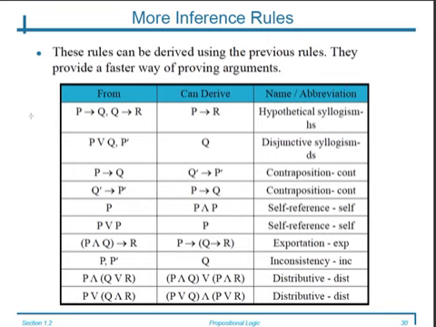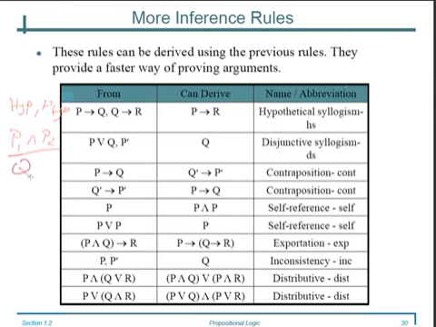Often, if we have our hypotheses, we might write them like this. So let's say we have two hypotheses, P1, P2, and then what it derives, which is this one here.